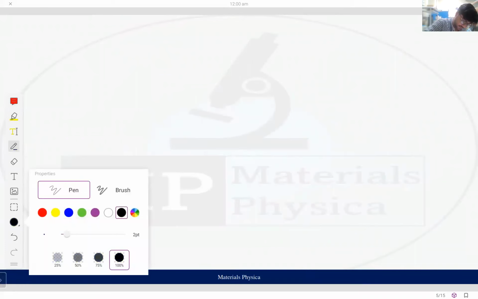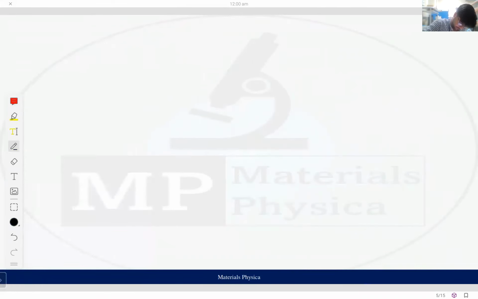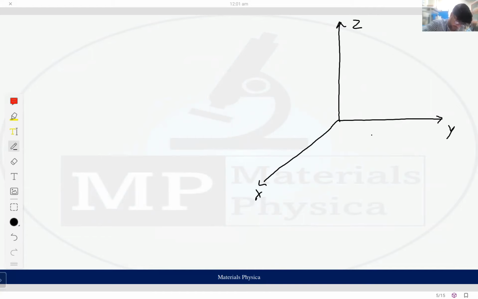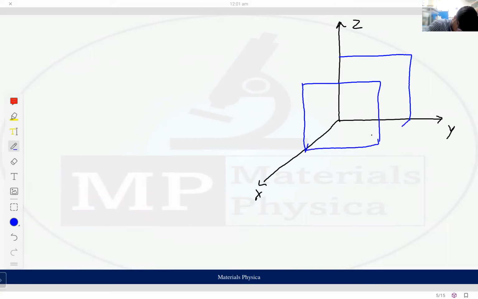So this is our x, this is our y, and this is our z, and this is our unit cell. This cuts at A, this cuts at B, and this is the lattice parameter C. So this is the unit cell of the cubic structure.